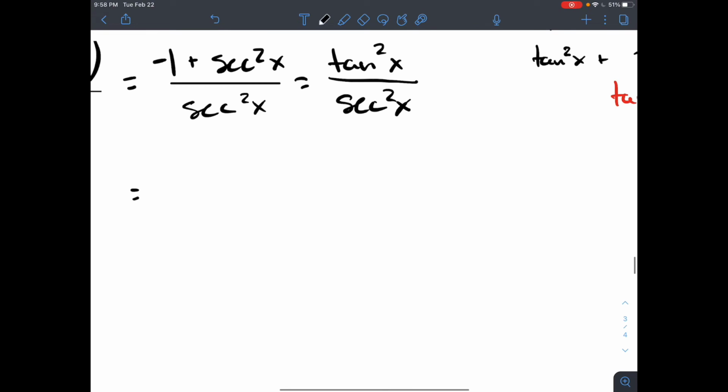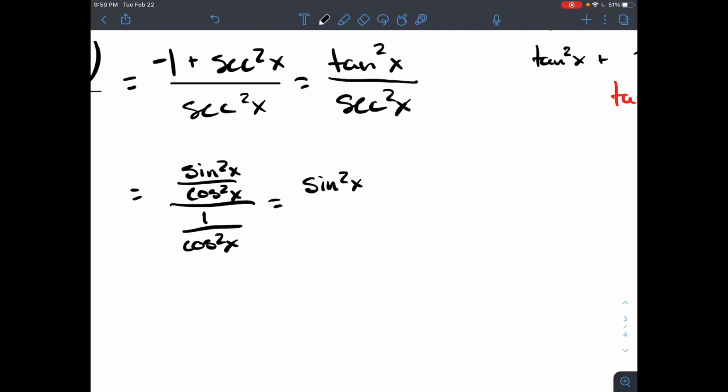Now writing this in sines and cosines, we'll have sine squared of x over cosine squared of x over 1 over cosine squared of x, multiplying by the reciprocal, sine squared of x over cosine squared of x times cosine squared of x over 1. Cross out our cosines, and we are left with sine squared of x.